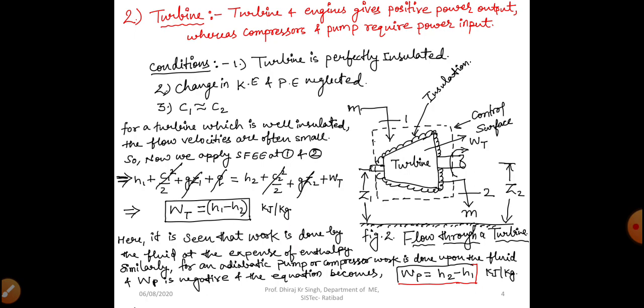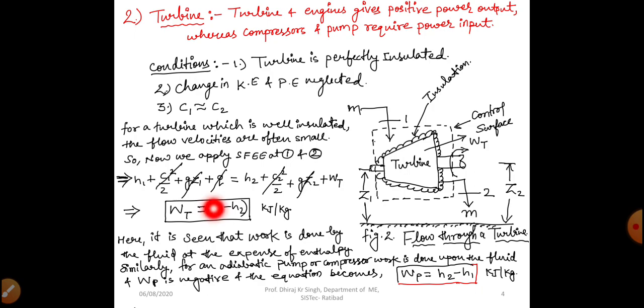So here the expression is written WP equal to H2 minus H1. Earlier we had taken the minus sign outside the bracket, and when we take the minus sign inside the bracket, the expression of pump work becomes H2 minus H1. WP equal to H2 minus H1 in kilojoule per kilogram.